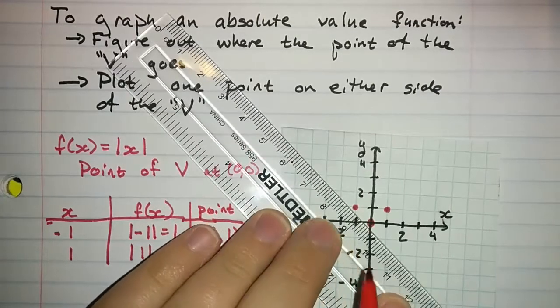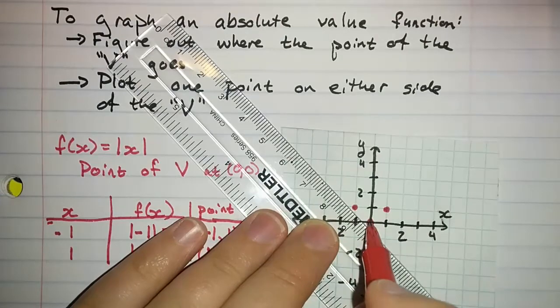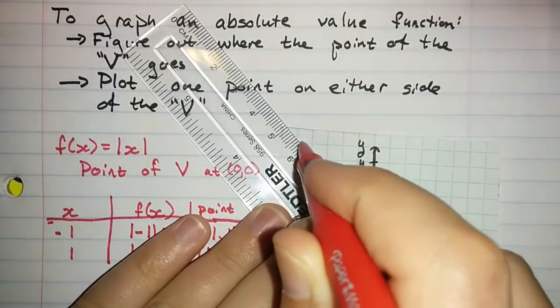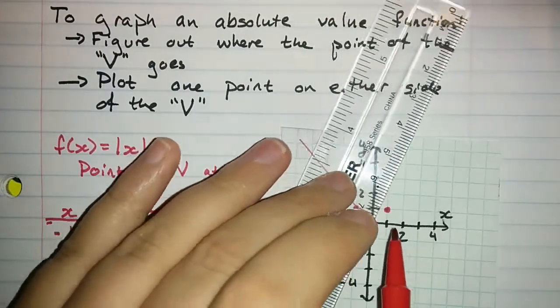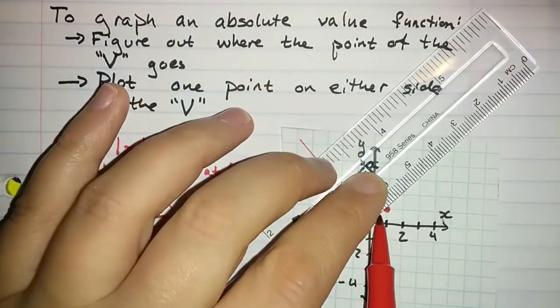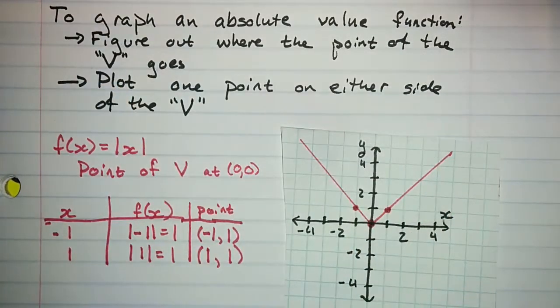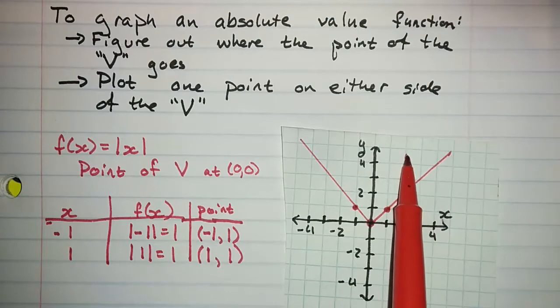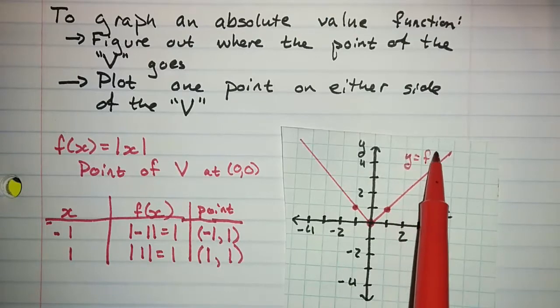Right, my line extends up from the point of my V this way, and it extends up from the point of my V this way. Here it is. This is the graph of y equals f of x.